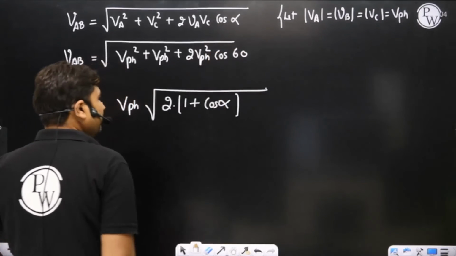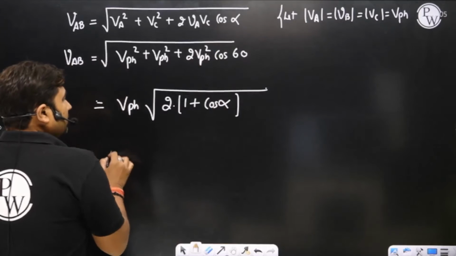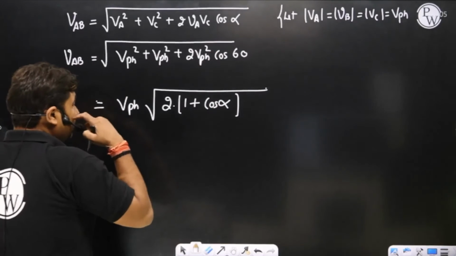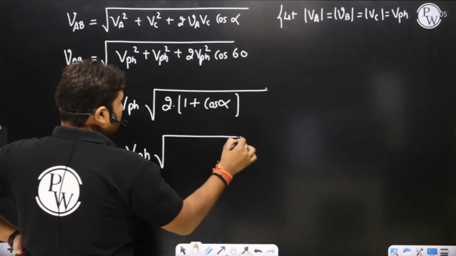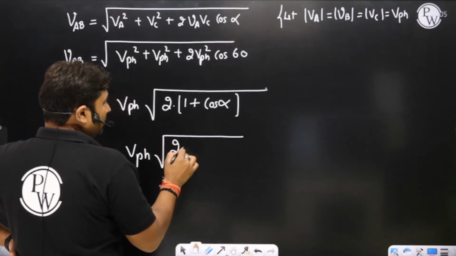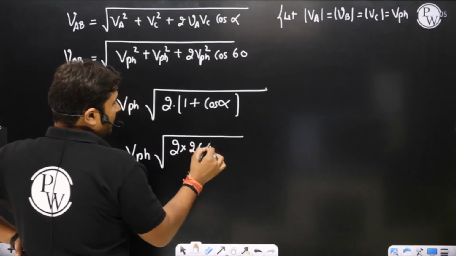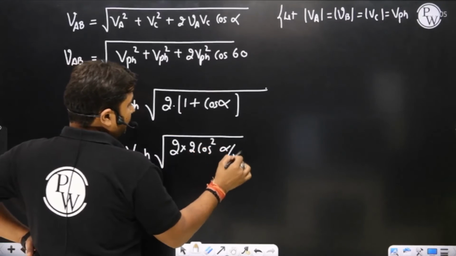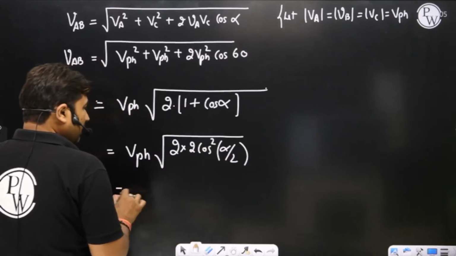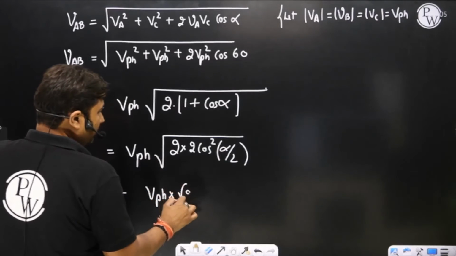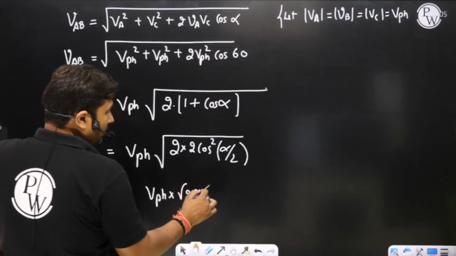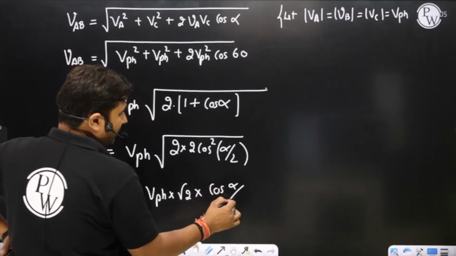Alpha is 60 degree. So what is 1 plus cos alpha? 1 plus cos alpha is 2 cos square alpha by 2. So for 2 cos square alpha by 2, you will get phase voltage into root 2 into cos of alpha by 2.